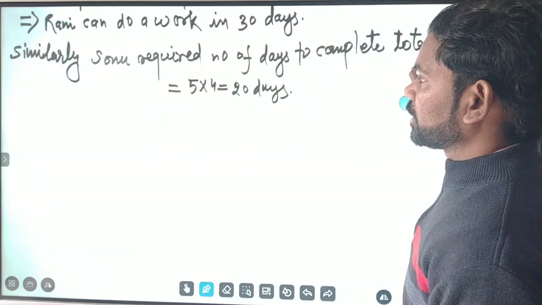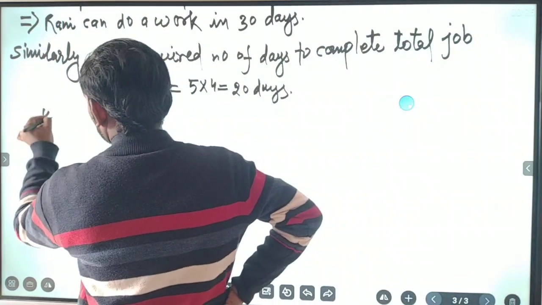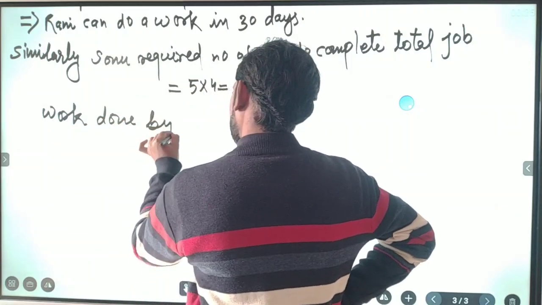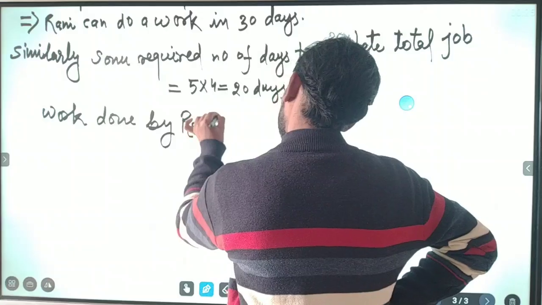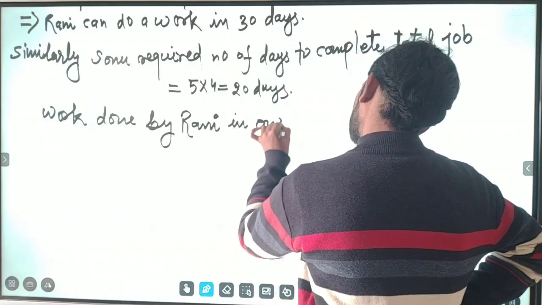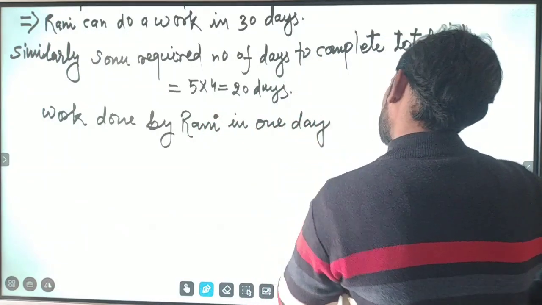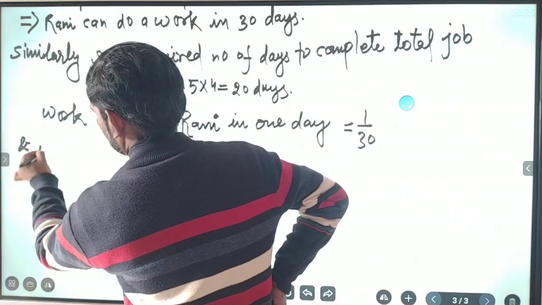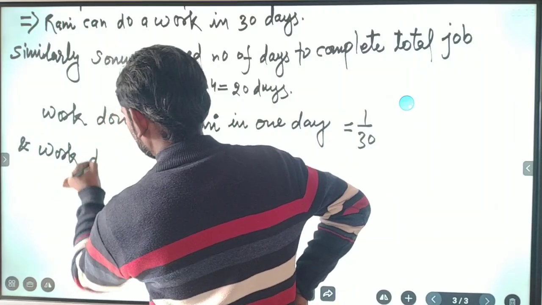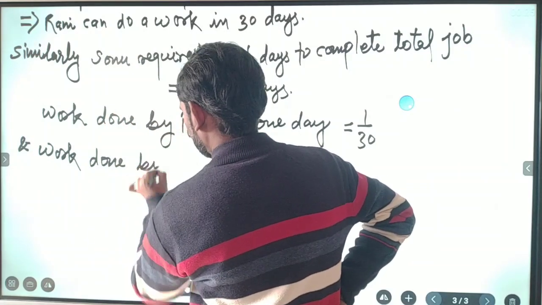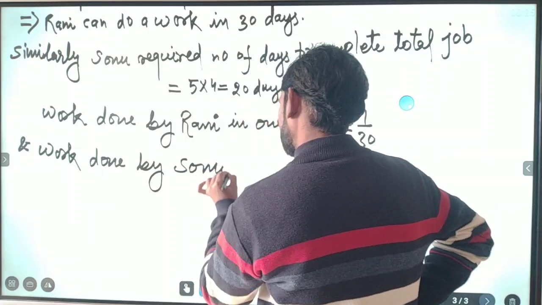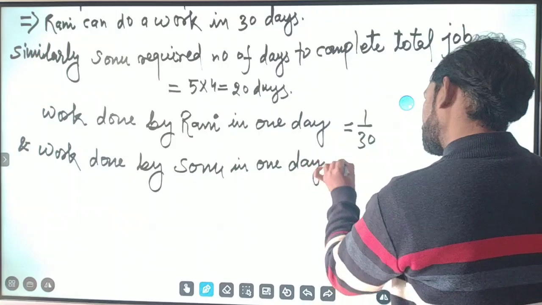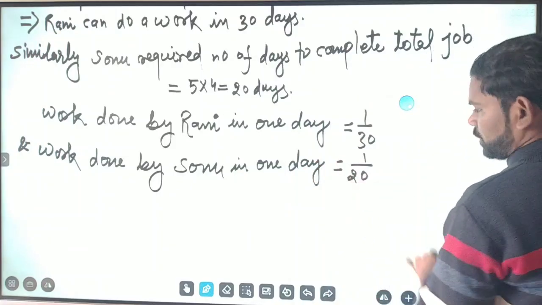Here we can write: work done by Rani in 1 day is equal to 1/30, and work done by Sonu in 1 day is equal to 1/20.